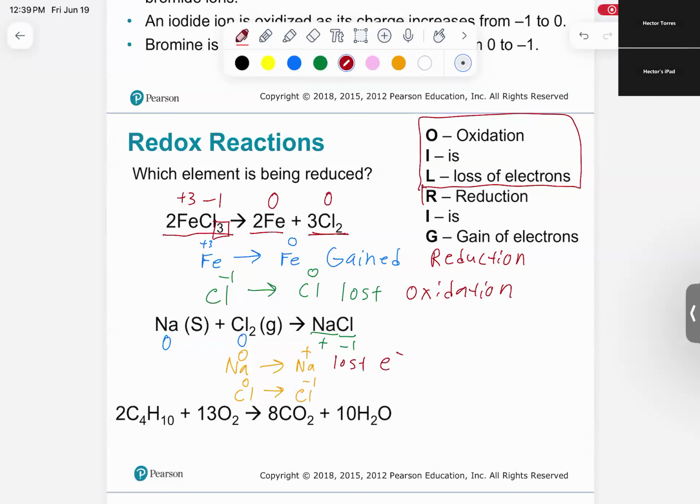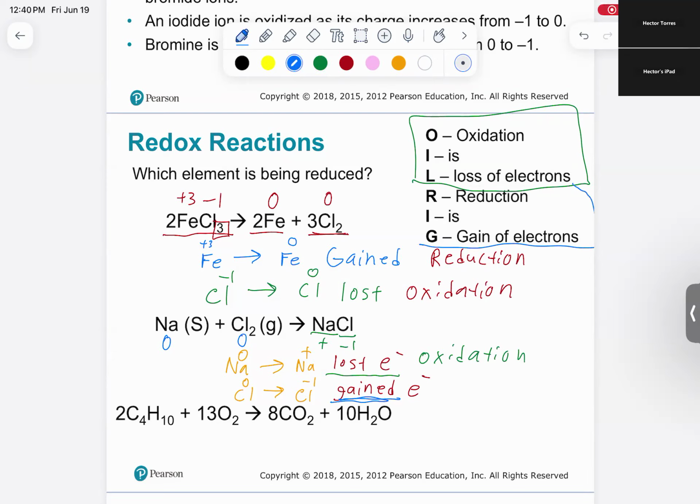Cl went from 0 to -1, so it gained electrons. Now, if I lost electrons, looking at my OIL RIG, that's going to be oxidation. And on this one, since I gained electrons, that's going to be reduction.